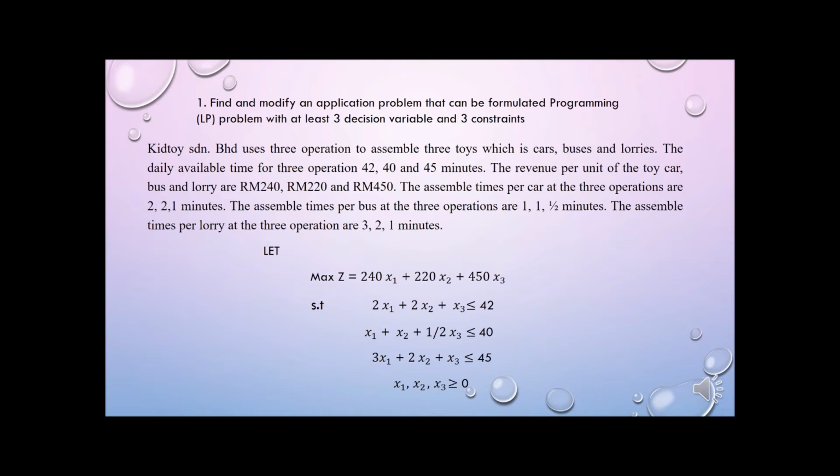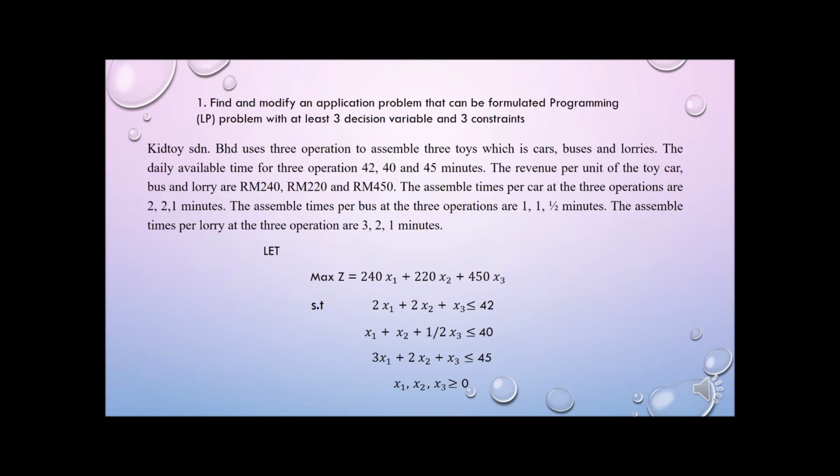Find and modify an application problem that can be formulated as a programming problem with at least 3 decision variables and 3 constraints. This question, my group mate and I modified. Kit Toy Sendirian Berhad uses 3 operations to assemble 3 toys, which are car, bus and lorry.